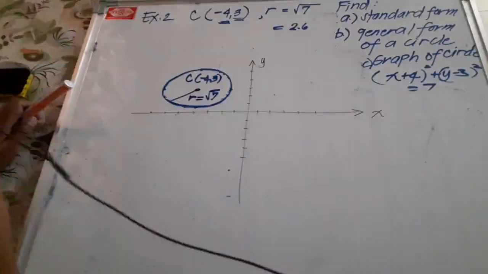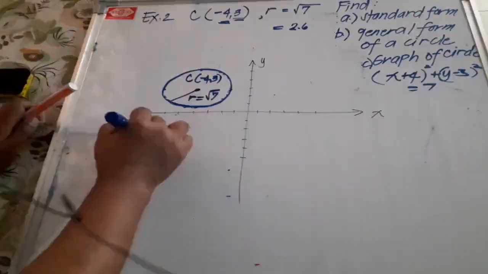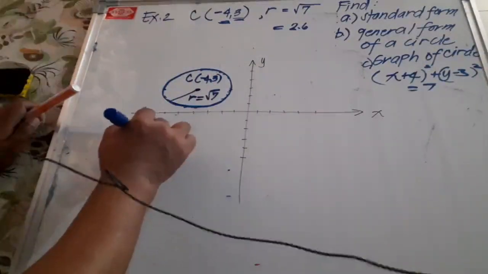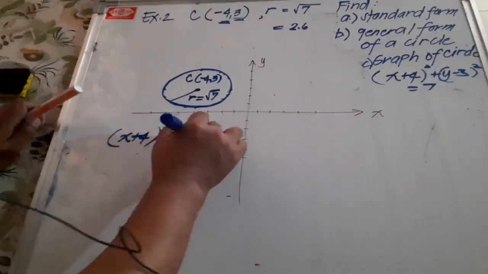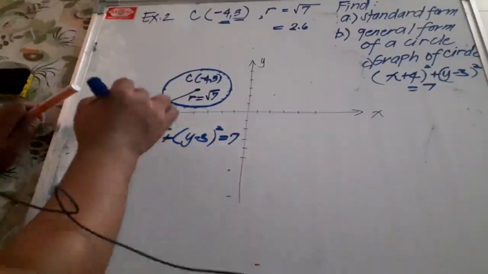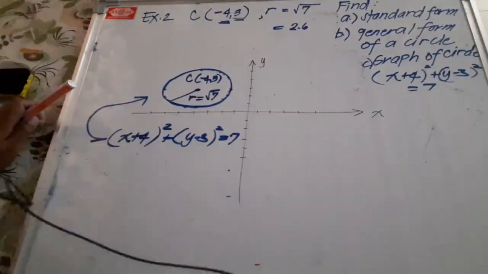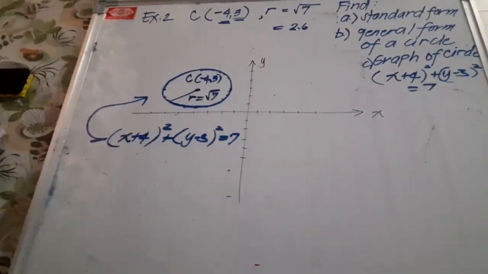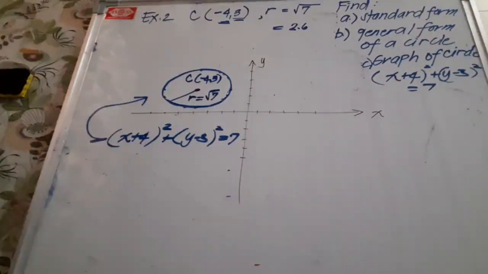Ito yung circle na may equation, standard equation na x plus 4 squared plus quantity y minus 3 squared equals 7. So, itong equation na to may equivalent na graph na ganito. So, that is another example in finding the standard and general equations of a circle given the center at HK and the radius. So, thank you.